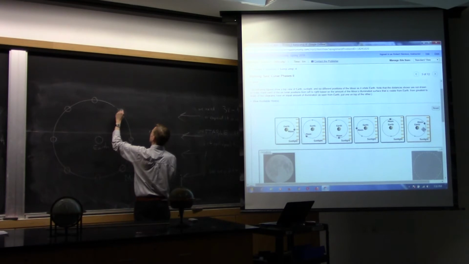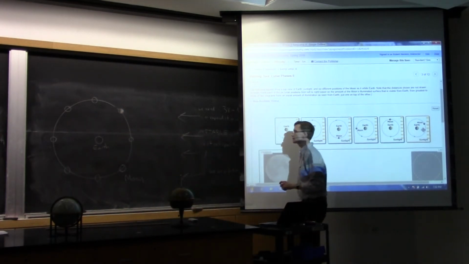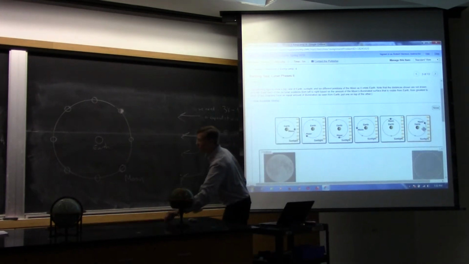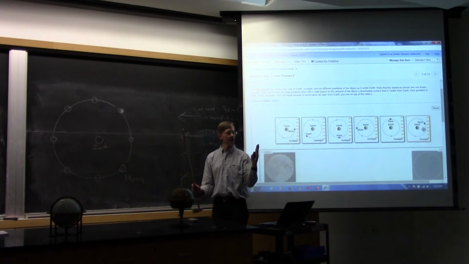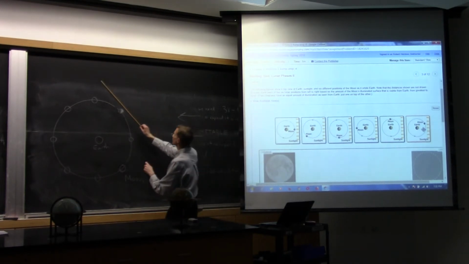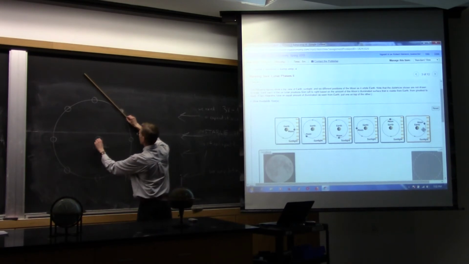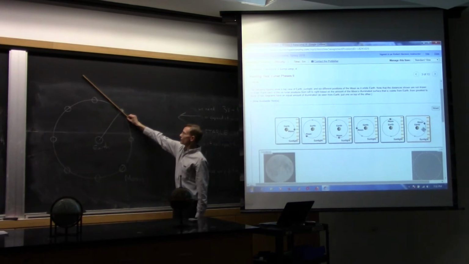I'm going to shade in white the part that's lit, okay? Now, if you think about it, what we see from Earth is half of the moon, the half on the side facing us. So if I draw a line from Earth to the moon, and put this meter stick perpendicular to it, that's the dividing line between the half that's facing Earth and the half that's not facing Earth.